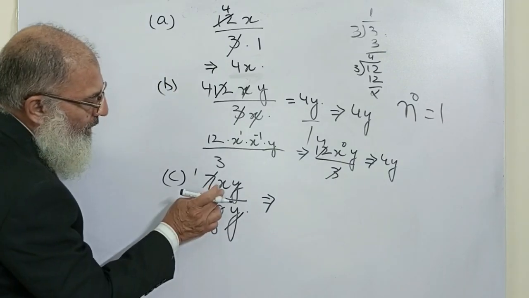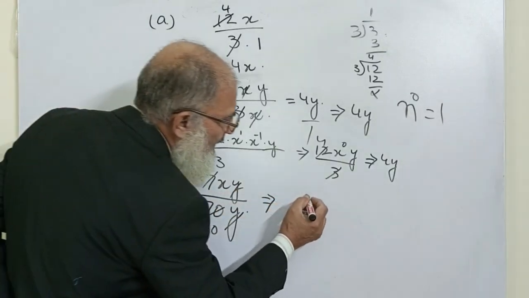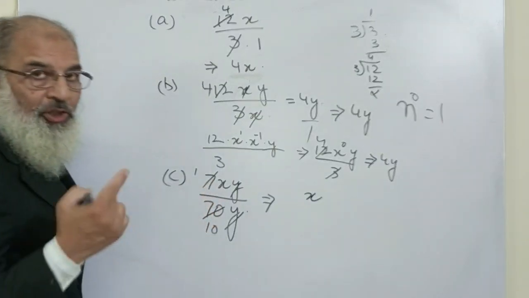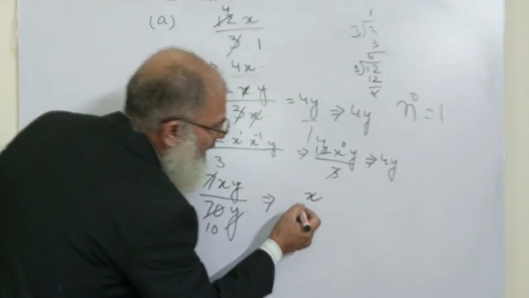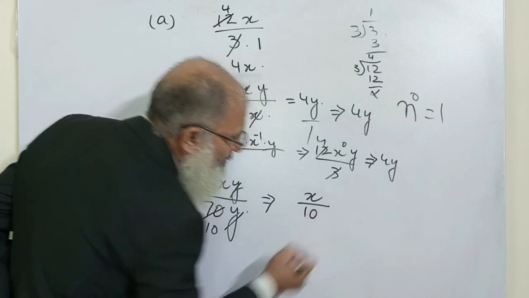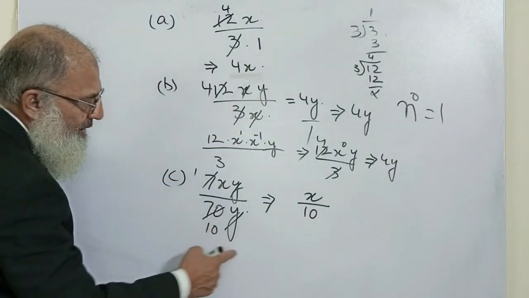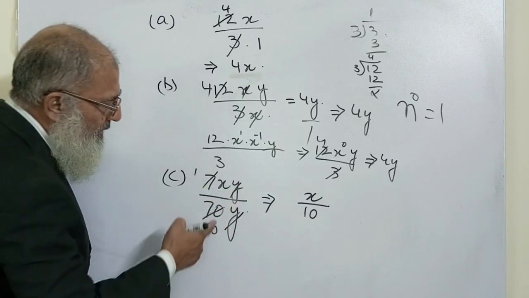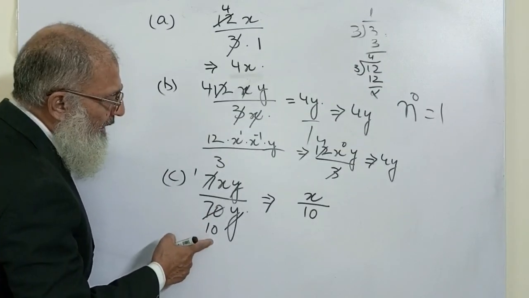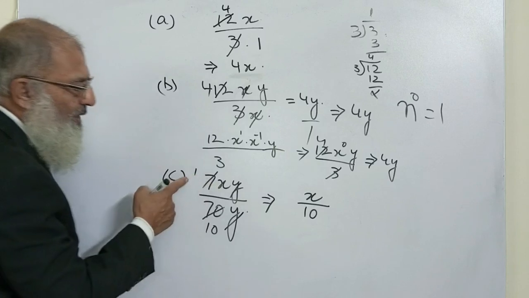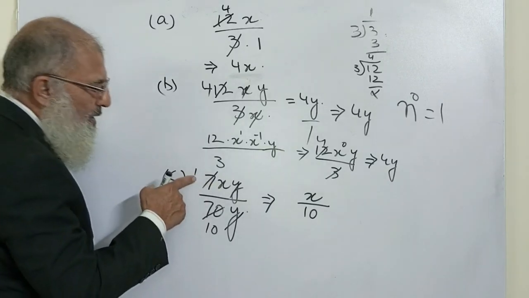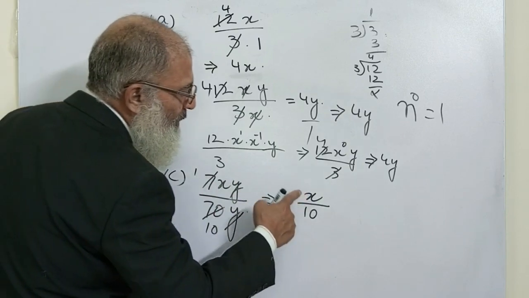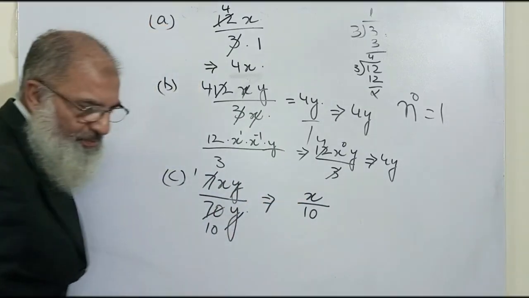We have left over here only x, 1x, so we need not write the 1. There is nothing left of y because y has been cancelled. There is only 10 left, and here x and 1. So we need not write 1 over here. So it will become x upon 10.